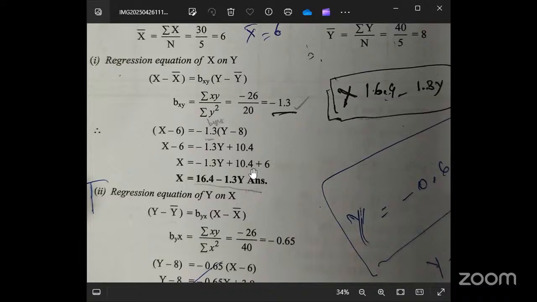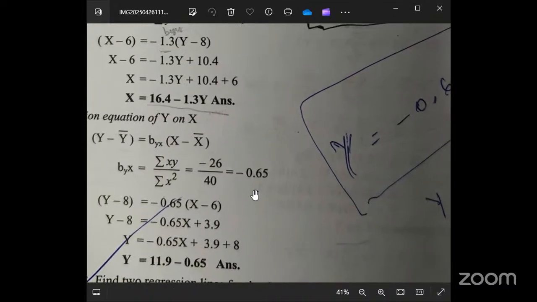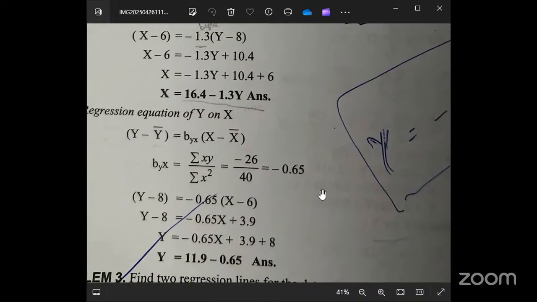Coming to the regression equation y on x, it is similar. Y minus y bar equals byx into x minus x bar.